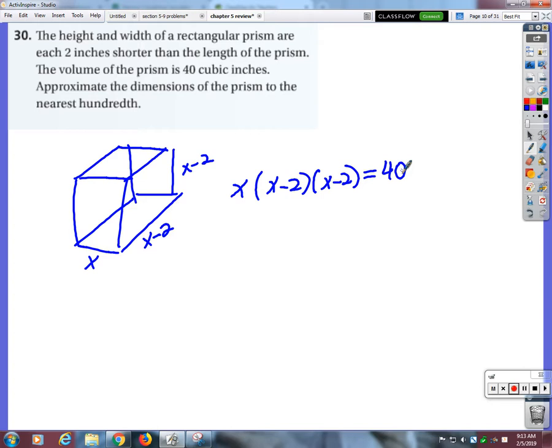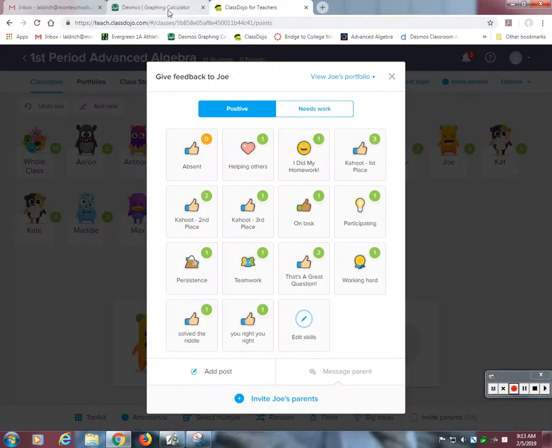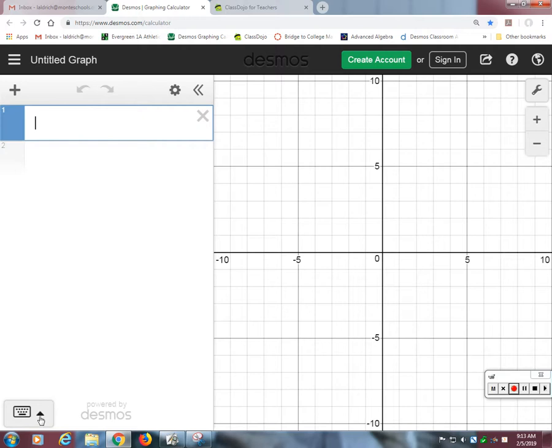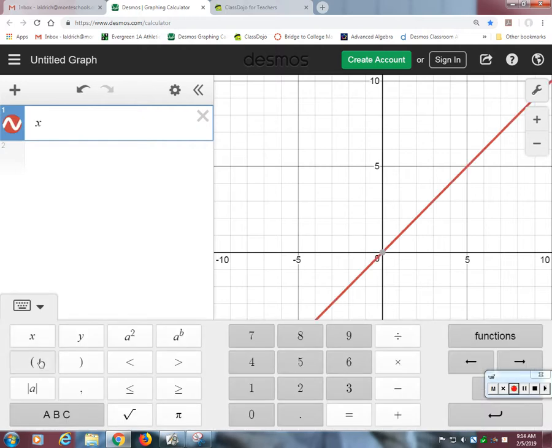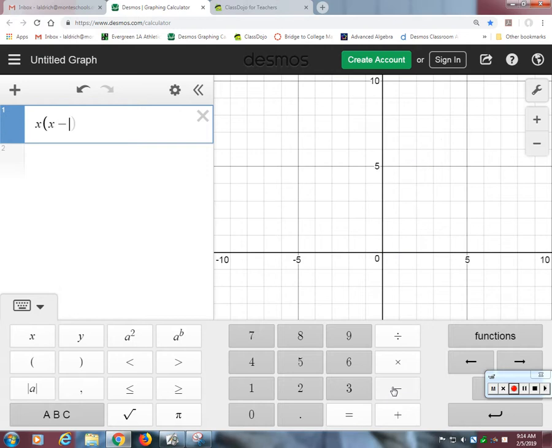Cat? No? Anyone? No? Alright, let's go to the bat cave then. So let's go x times x minus 2 times x minus 2.